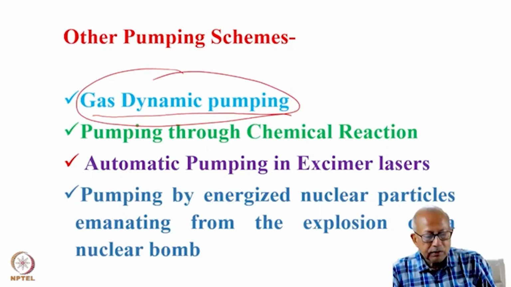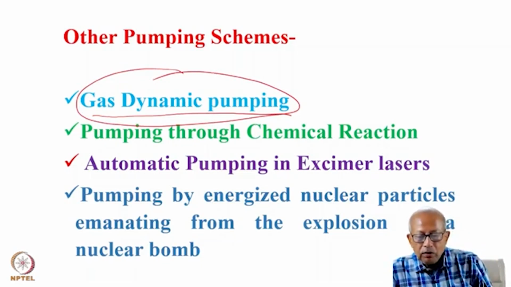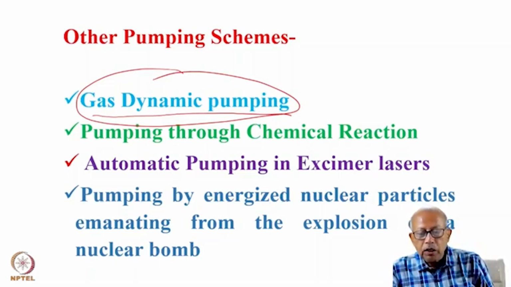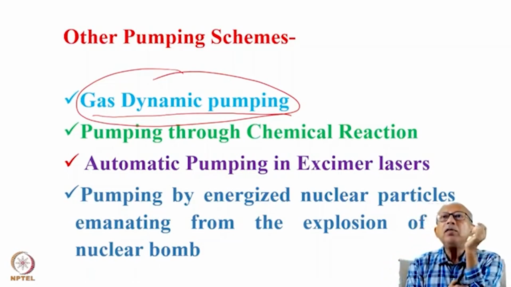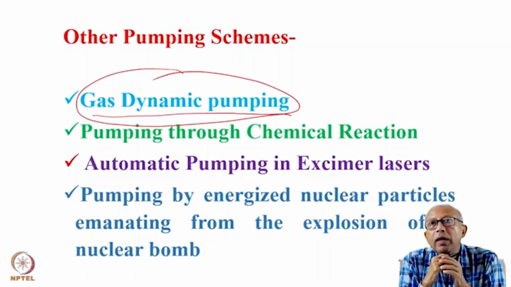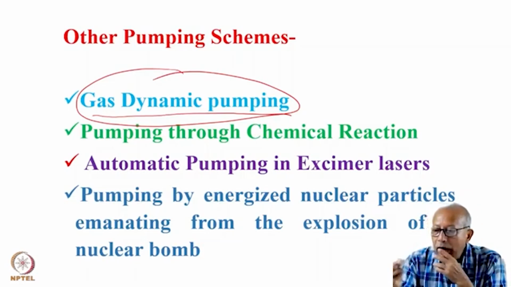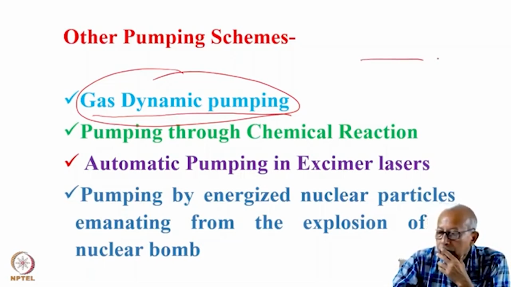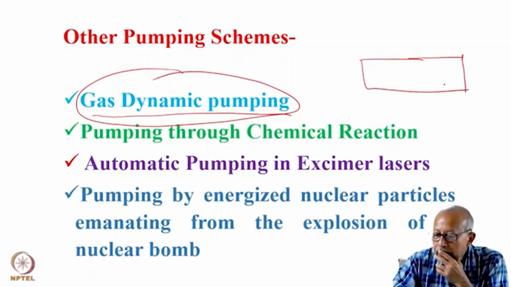There is another pumping scheme which occurs through chemical reaction. For example, the hydrogen fluoride laser. The pumping is done through a chemical reaction. Suppose this is your lasing chamber. Here are your gas cavities.